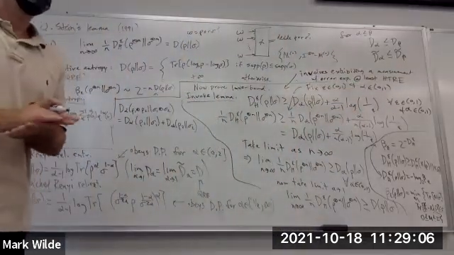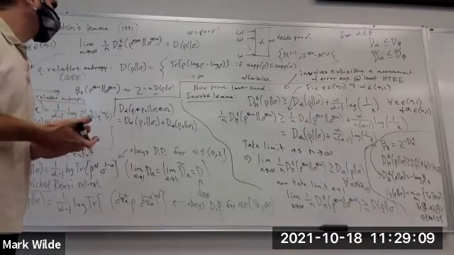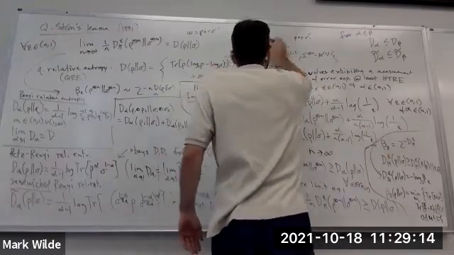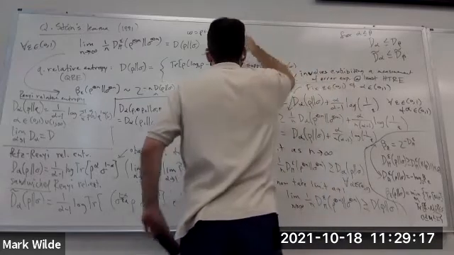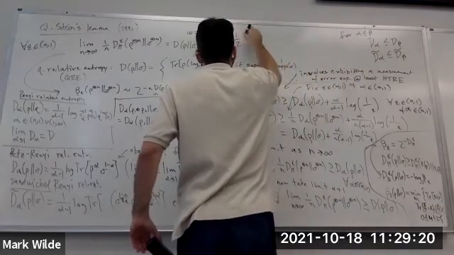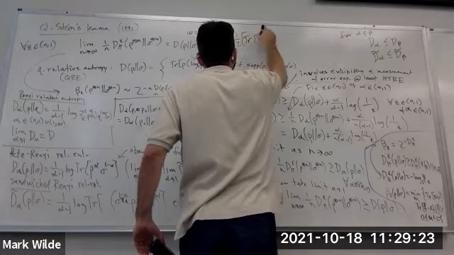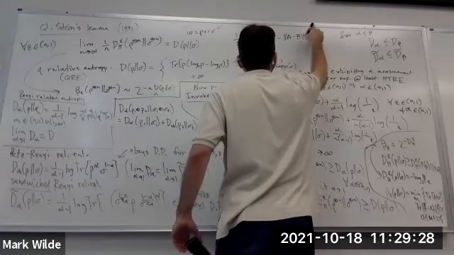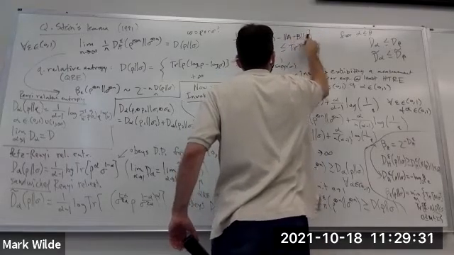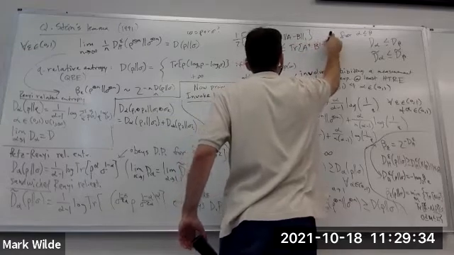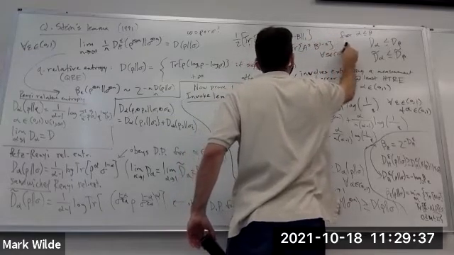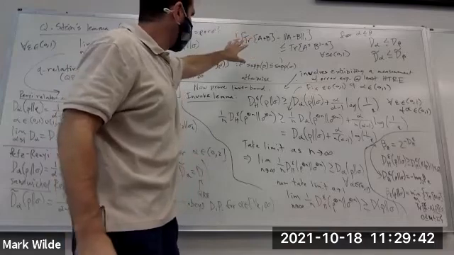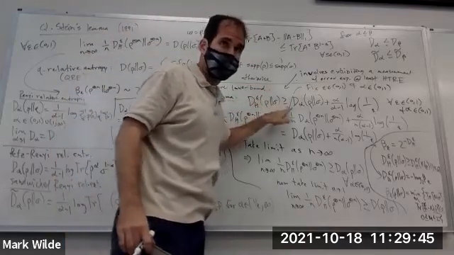Okay. How do you prove it? There was a bound that we had the last time. Okay. This is a bound. This bound you can use to derive this lower bound. That's done in the book.